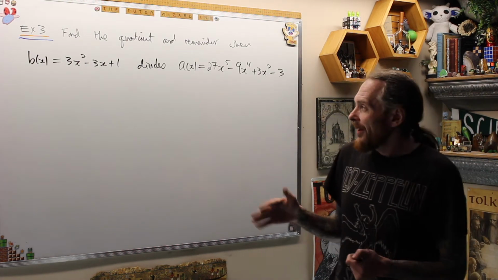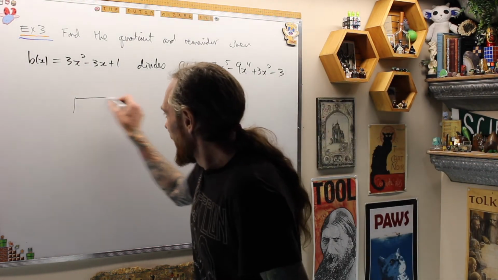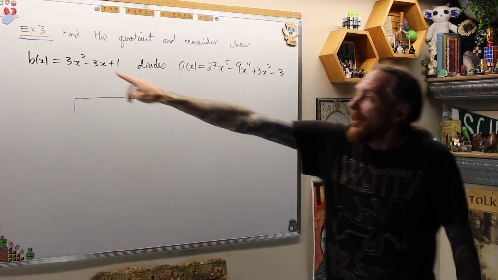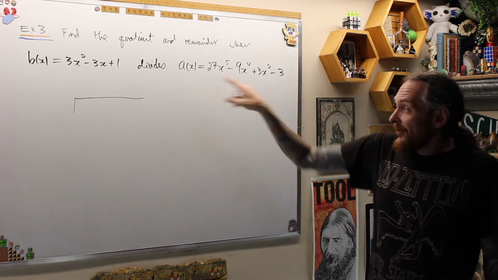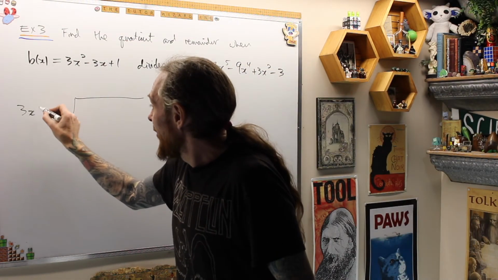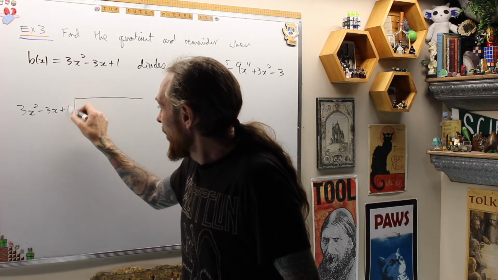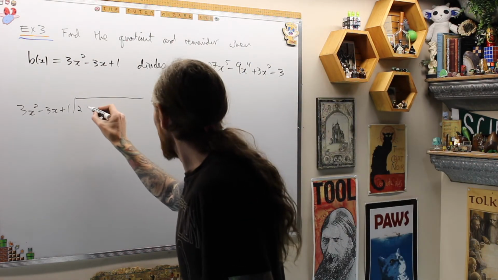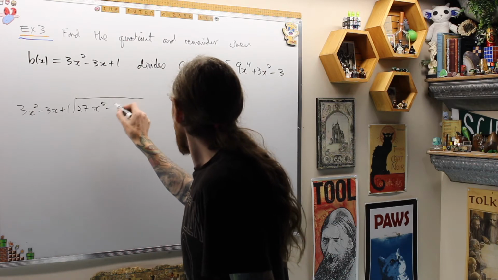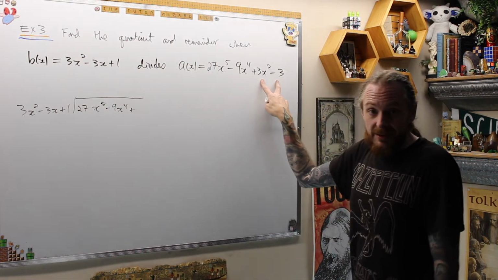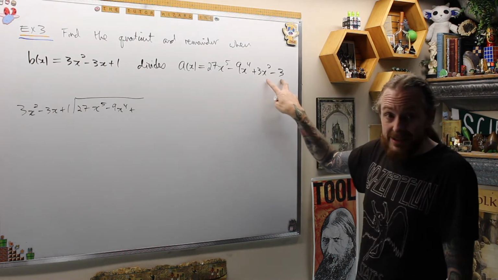All right, this time we'll set everything up the same way. We're dividing, find the quotient and remainder when b divides a. So we're dividing b into a. So we write b of x on the outside just like if it was the integer 4. And we write the a on the inside, just like it was that horrible integer: x to the 5 minus 9x to the 4, plus, I'm going to put 0 coefficients even if they're not in there.